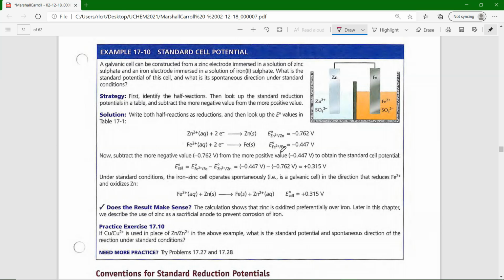So the Fe2+ will be the cathode, that compartment, and electrons will flow from the zinc to the iron. Okay, so you see just at the end here, this is what's happening: the Fe2+ is reduced and the zinc is oxidized. This is a pretty one. All the balancing happens nicely. I don't have to do much of anything.